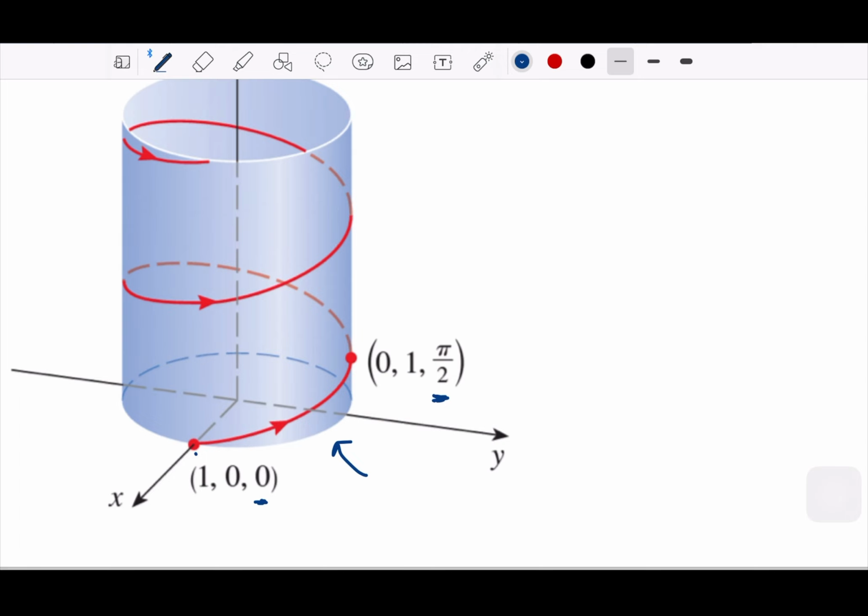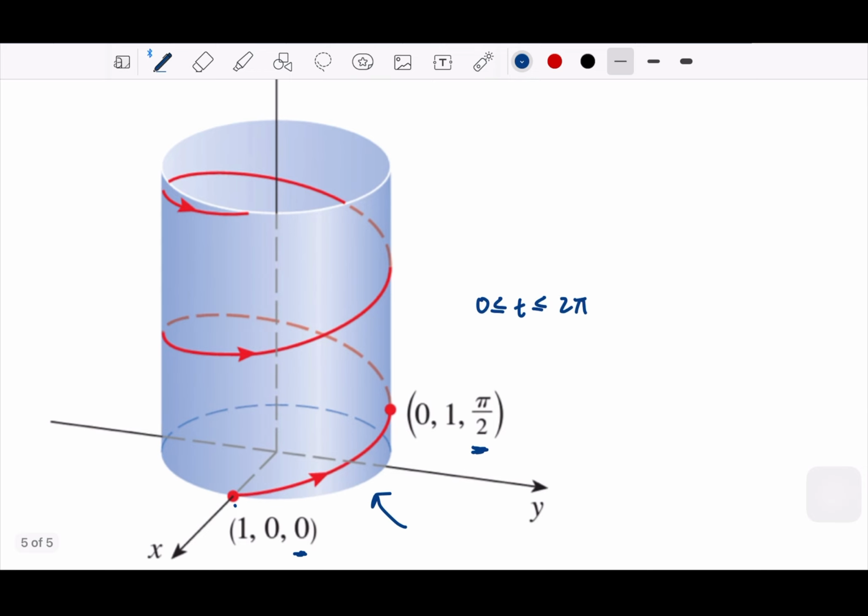We can take some t for some angle, like pi over 2, pi, then 3 over 2 pi, and then 2 pi, and we are going to observe that the curve will be a helix.